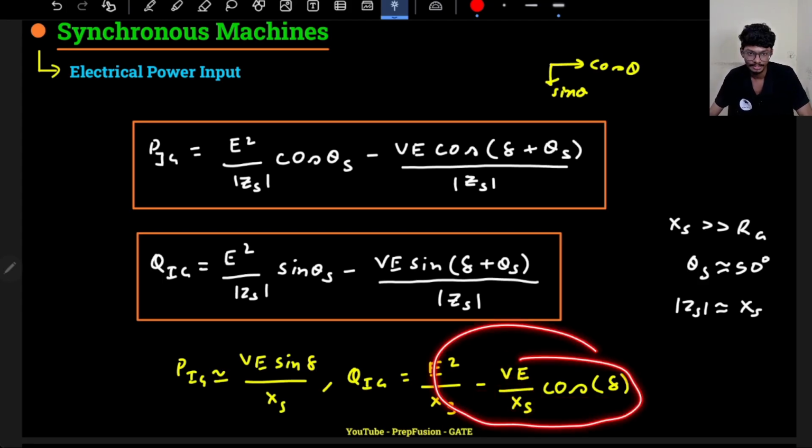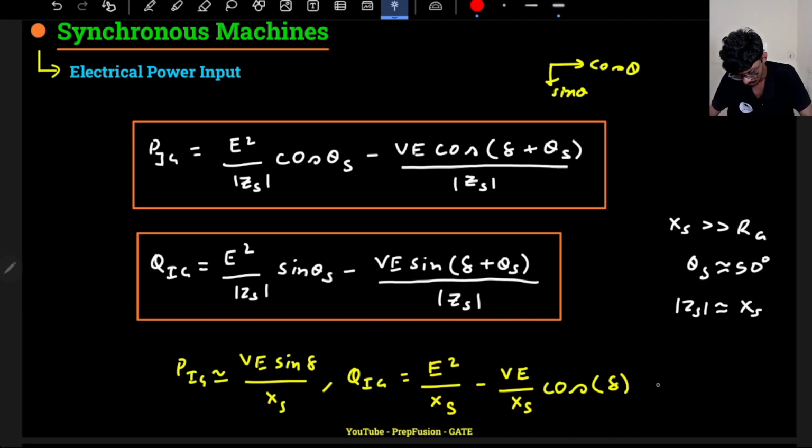This will be the reactive power formula for the input to the generator if I approximate it, approximately.